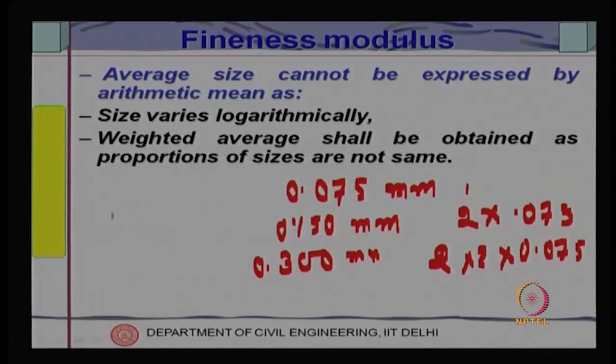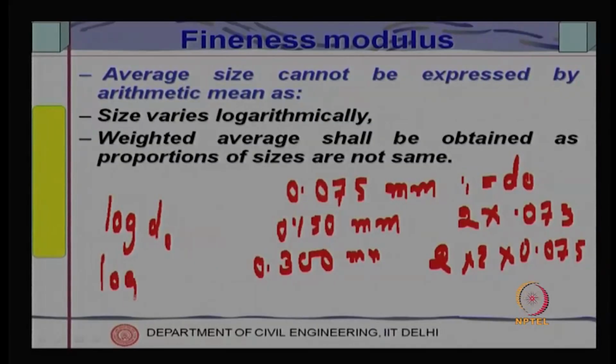So, if you take log of the sizes, log d, let us say d 0, this will be log d 0, this will be log of 2 d 0, and this will be log of 4 d 0.